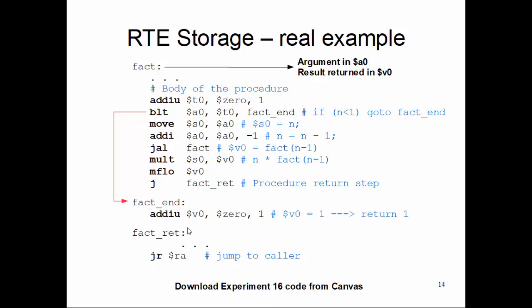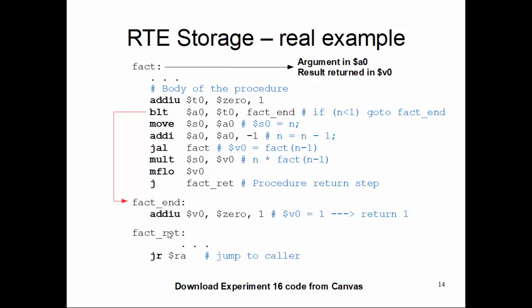It's a convention, so whether you follow it is up to you, but I'd suggest, if your function name is fact, your return code will start from a label called fact underscore RET, fact return. Okay, so BLT is my base case. I go to the factorial end, there I put the base case value in, and then I go into the factorial return as a normal follow through from that instruction.